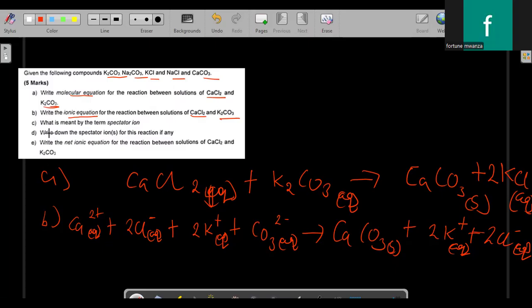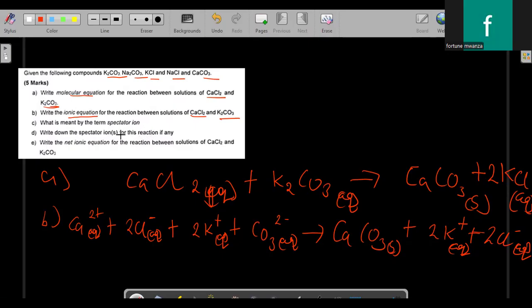Then part C is saying what is meant by the term spectator ion. So what are spectator ions? Spectator ions are simply ions that are present in the reaction mixture that do not practically get involved in the chemical change.